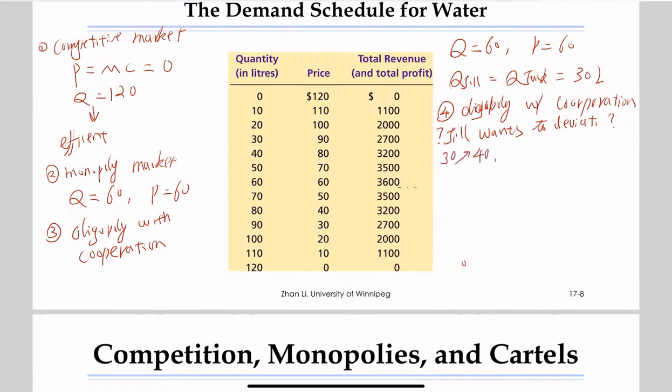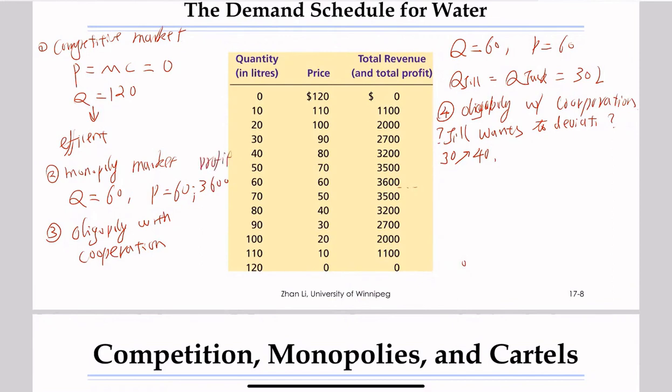So, now to answer this, we have to first think about their profit. That is Jack and Jill's profit. So let's think about what is the monopolist profit. Well, this is simple, right? It's 3600. So this is the profit.